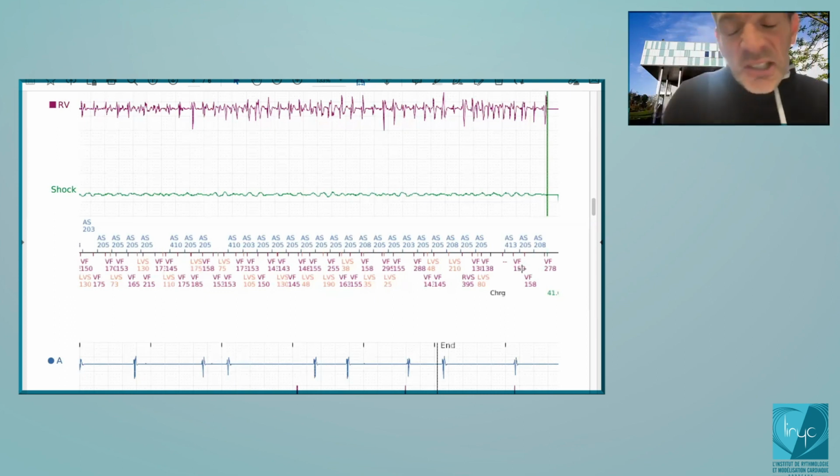But there is something I really don't understand in the Boston devices. At the end of the charge there is blanking, okay? So the first cycle is never classified after the blanking, and then you will analyze the next 3. But whatever happens, you cannot deliver the shock before a delay of 500 milliseconds at the end of the charge.